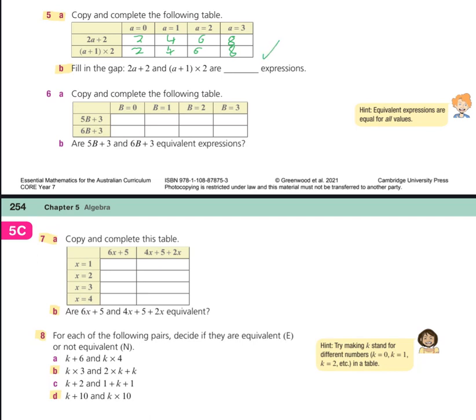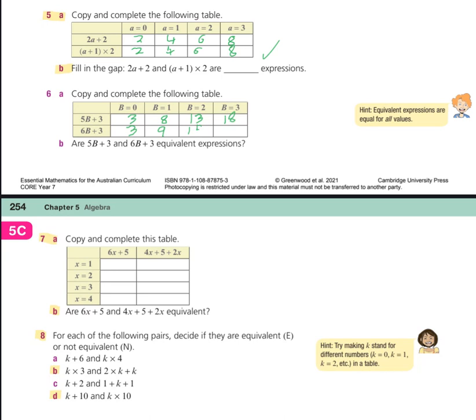For the next one, 5b plus 3, 6b plus 3. So 5 times 0 plus 3 is 3. 5 times 1 is 5 plus 3 is 8. Then I believe that will be 13, 18. 6 times 0 plus 3 is 3. 6 times 1 is 6 plus 3 is 9.